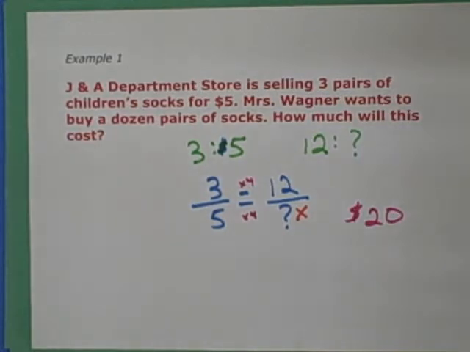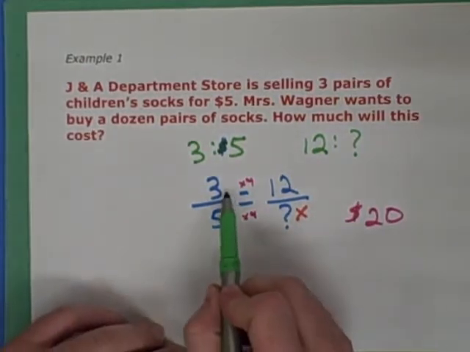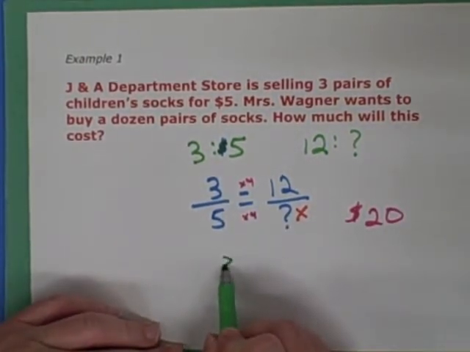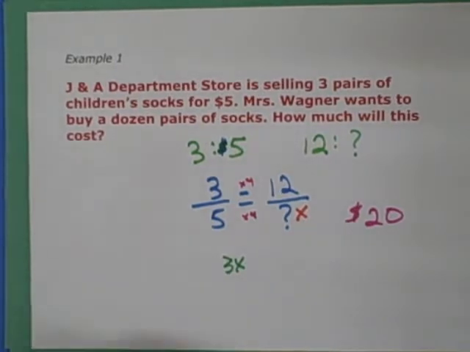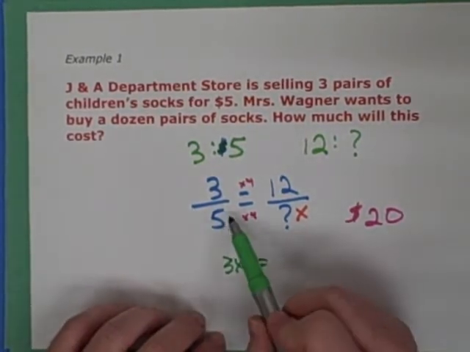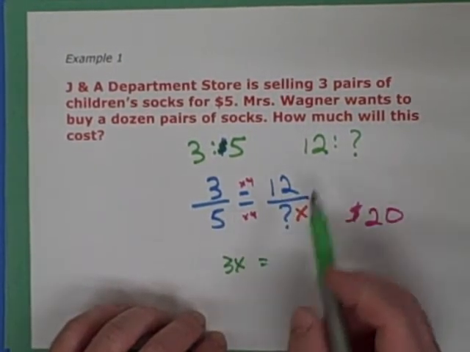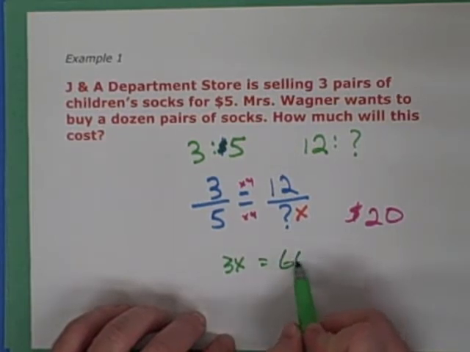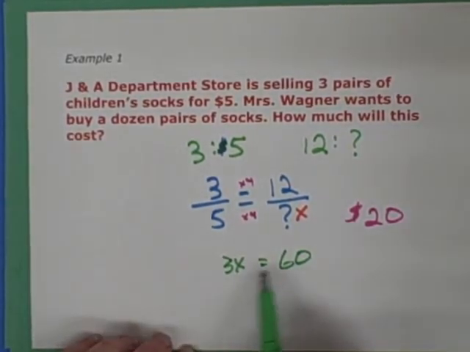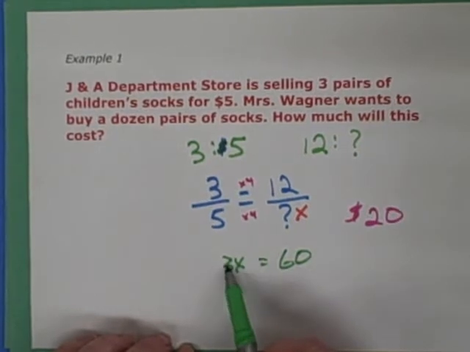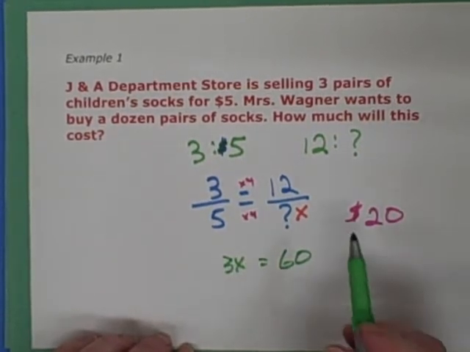Now, if we solve it as a proportion, we can also cross multiply and divide. We can multiply 3 times our unknown, or 3x, set that equal to 5 times 12, which is 60. Now we have an equation that we need to solve, and this says 3 times what is equal to 60.